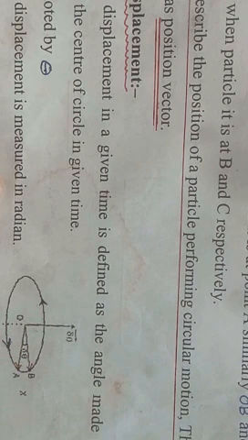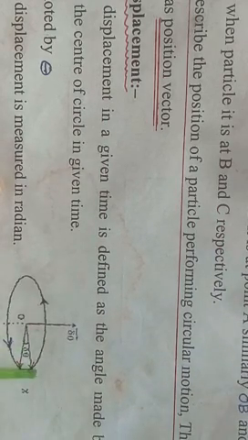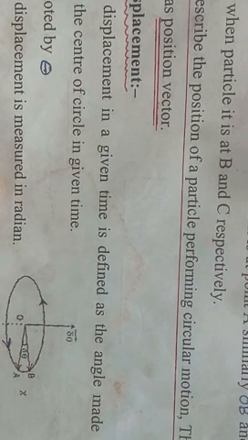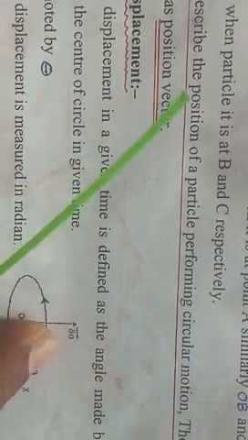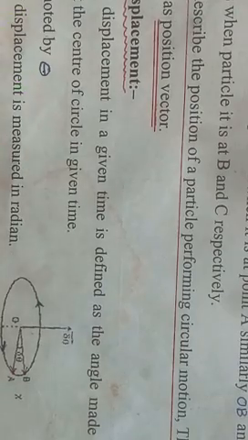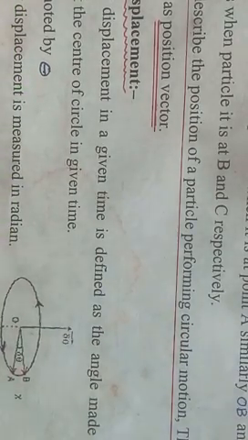Therefore, in time delta t, the angular displacement made by the radius vector at the center is delta theta. So this angle made by the radius vector at the center in given time is called angular displacement. It is denoted by theta. Angular displacement is measured in radian.